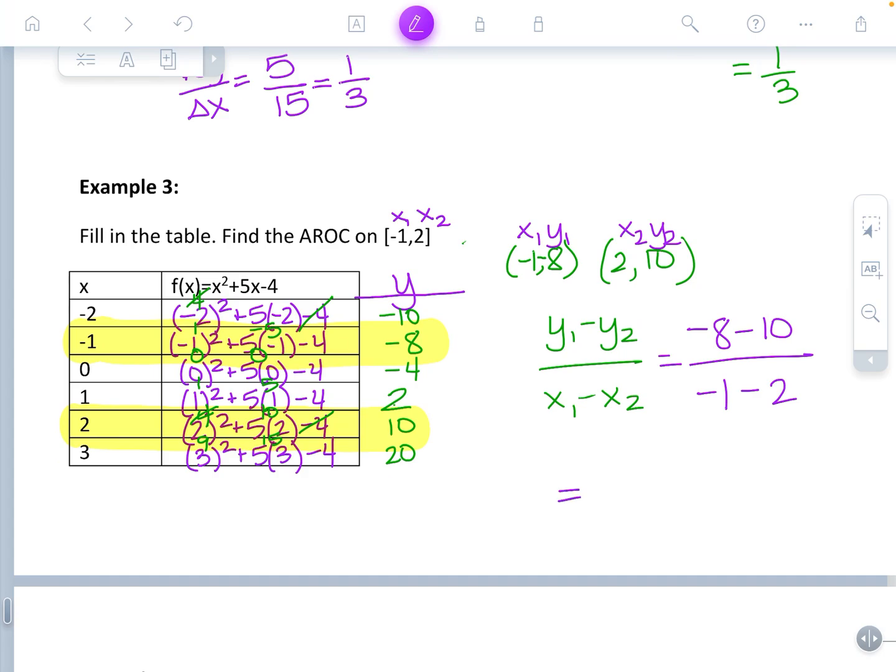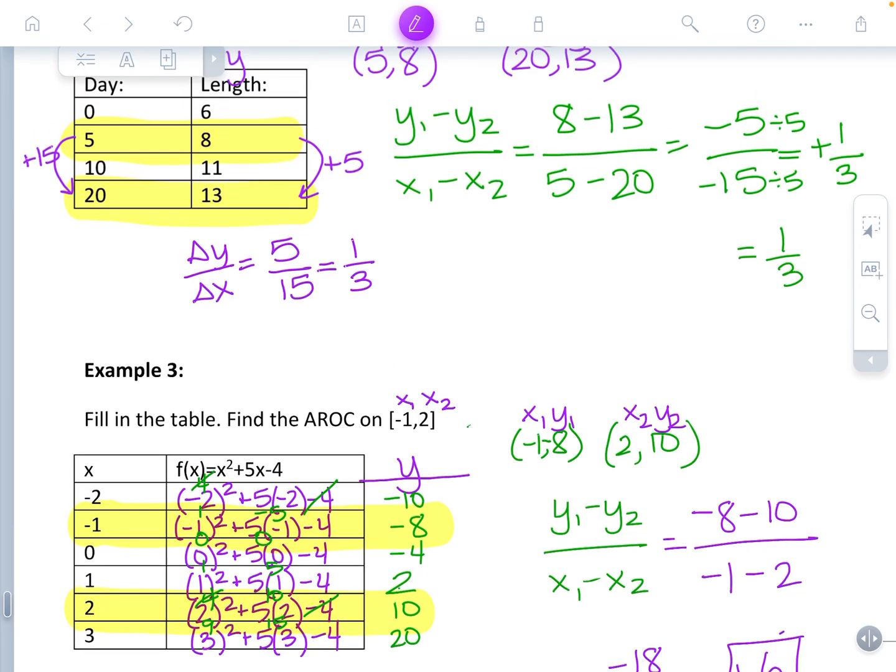Okay, so let's find out what that equals. Negative 8 minus 10, I would recommend you check this in your calculator, but it's negative 18. And negative 1 minus 2 is negative 3. A negative divided by a negative is a positive, and 18 divided by 3 is 6. So the average rate of change on this one is 6.